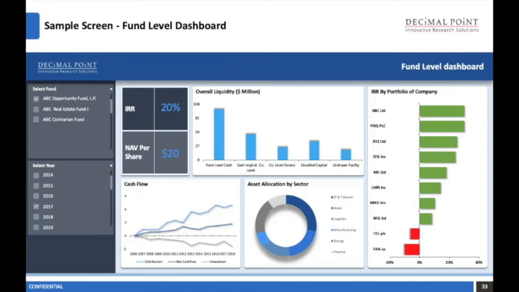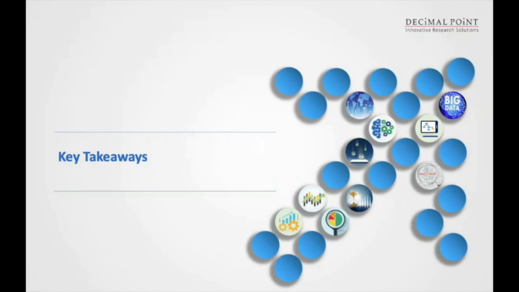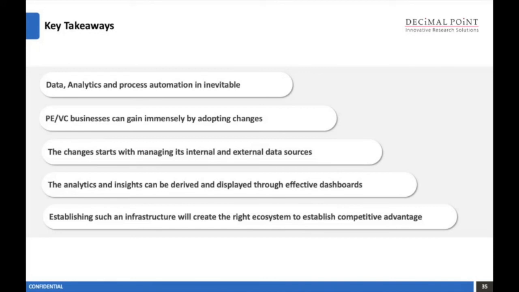So, ladies and gentlemen, this is what we wanted to share today. And just to quickly summarize what we discussed today, data and analytics and automation processes are really an unavoidable and inevitable truth of the ecosystem today. And PE and VC businesses can gain quite immensely by adopting such changes.